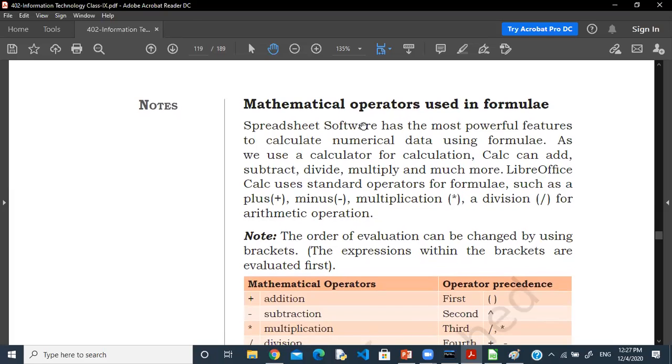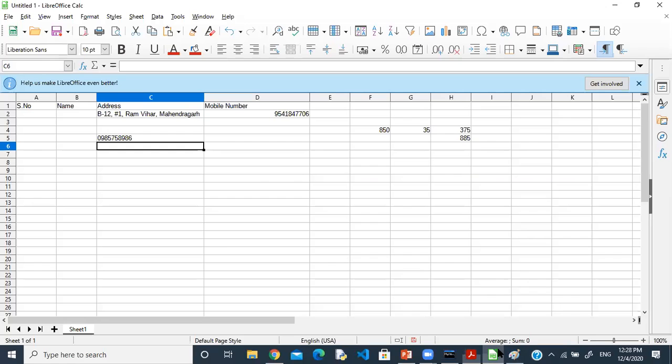Now whenever we use a formula, we require some operator. What is the meaning of the operator? Actually, the operator decides which operation you want to do. What type of operation is applied on the operands depends totally upon the operator. Like here I have written plus, so it's going to add.